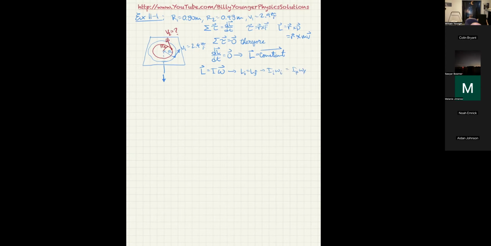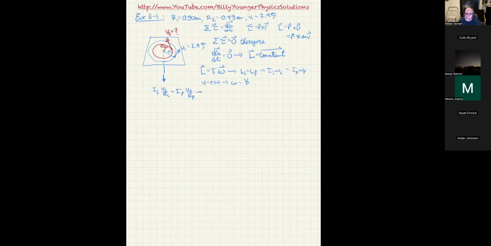But we also know that v is equal to r times omega. So omega can be written as v over r. With that in mind, we then can say I initial times v initial over r initial is equal to I final times v final over r final, like that.